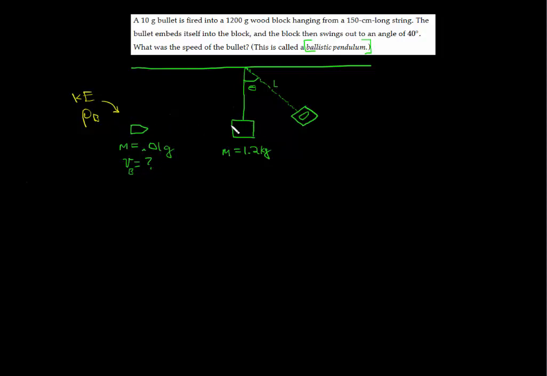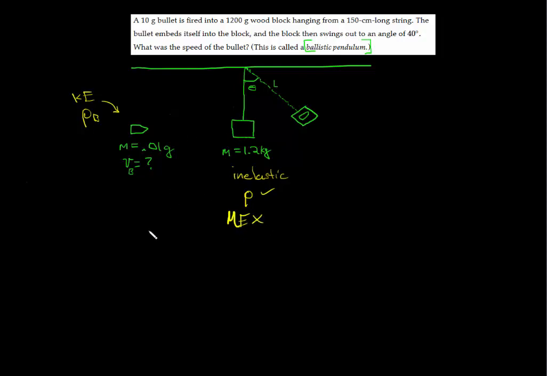But then it gets embedded. So once it strikes, we now have an inelastic collision. So we know momentum is good. However, the energy is not. So our mechanical energy is not conserved for the collision.